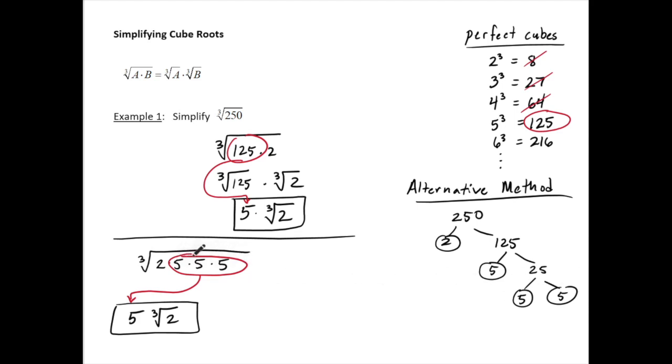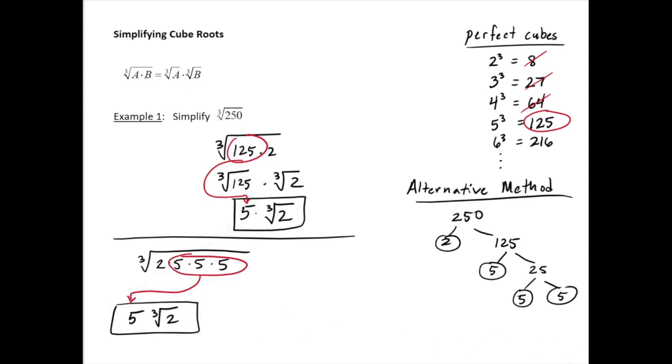So the 3 factors of 5 on the inside becomes a single factor of 5 on the outside, and we're left with a factor of 2 on the inside. Notice that this 5 to the third power is the same as the 125 that we have in the first method, and we're just taking the cube root of that separately to get the 5 on the outside.